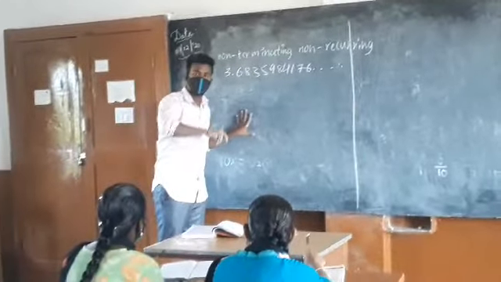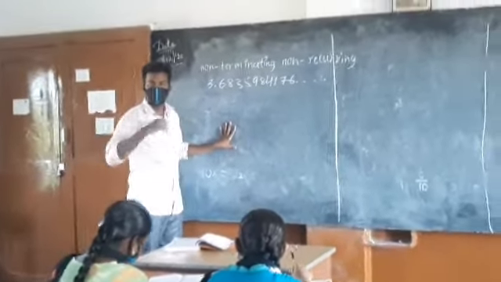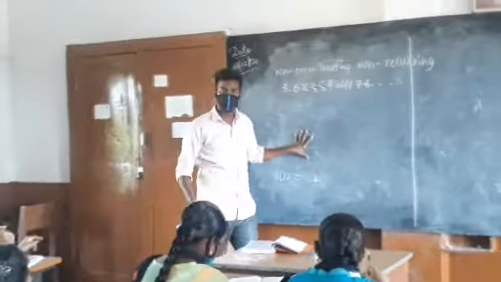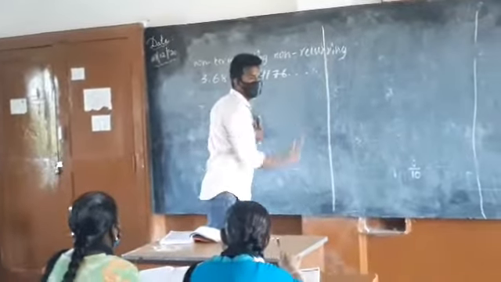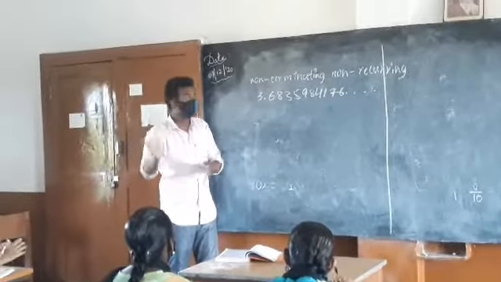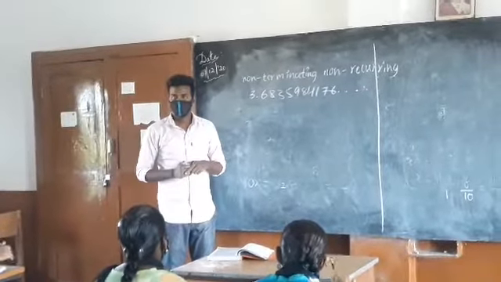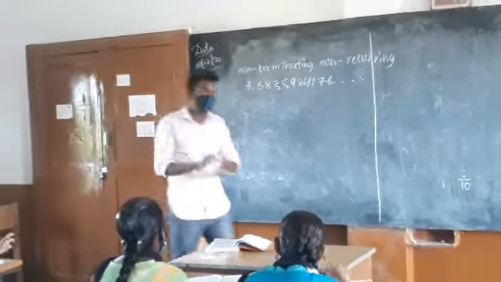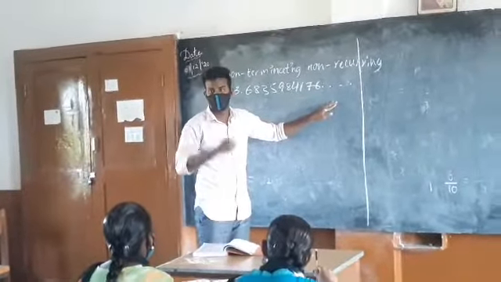Even though you multiply it with 1 lakh crores, 10 crores, 100 crores, 1000 crores, you cannot convert this into a proper equation such that you could subtract it from equation 1. None of the procedures will work to convert this into rational form.